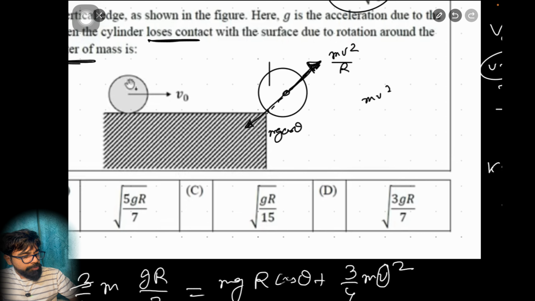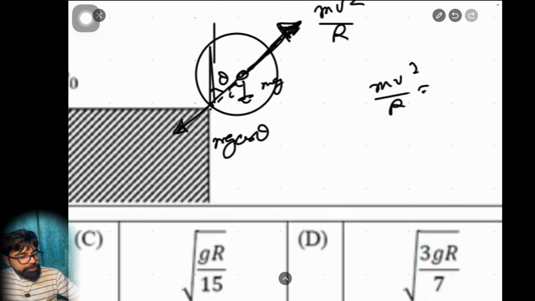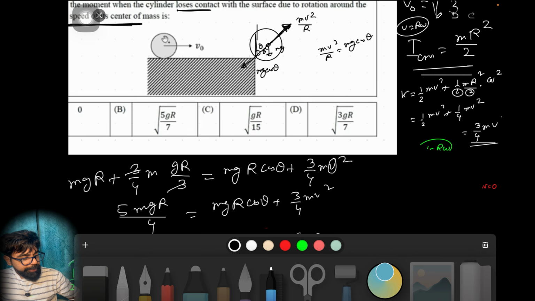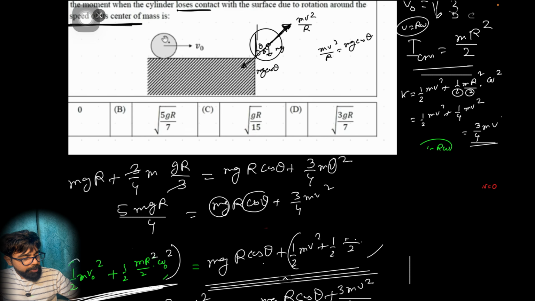So mv square by r is equal to mg cos theta. This angle is theta, and this is the gravity mg, so this angle is also theta. So here you can see easily that there is one mg cos theta present in this part, so I can replace that mg cos theta by mv square by r.